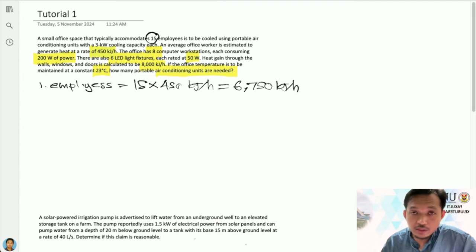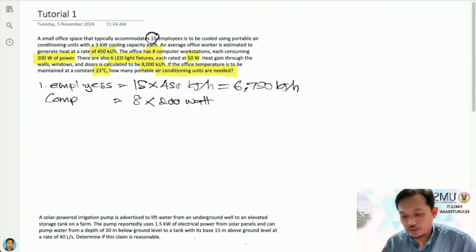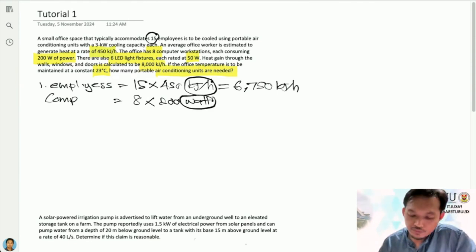The next part is the computers. You have 8 computers, and each is 200 watt. But notice the unit. For homogeneity, we prefer to have a single unit.